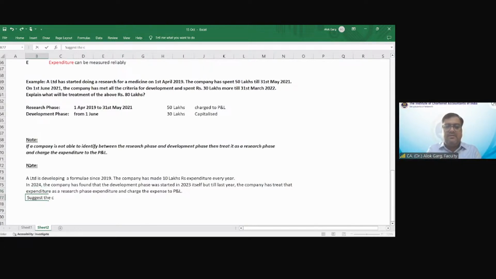Suggest the correct treatment. Tell me the correct treatment.